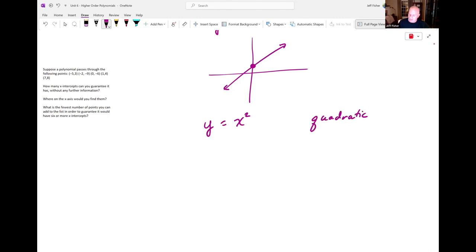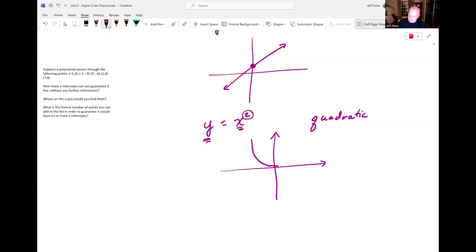A quadratic is where we have a relationship between y and x, but where the x variable is squared. We learned that creates a different type of graph. Instead of a straight line, it creates a graph that looks like this.